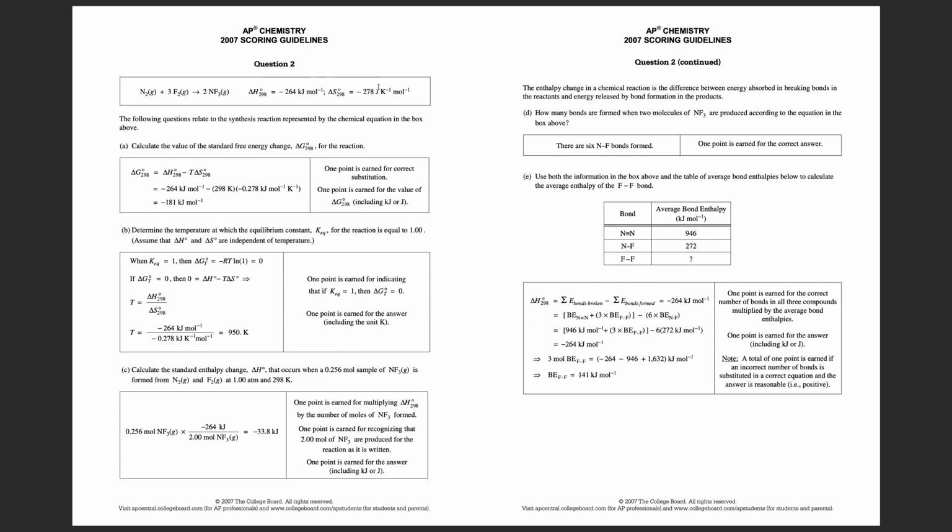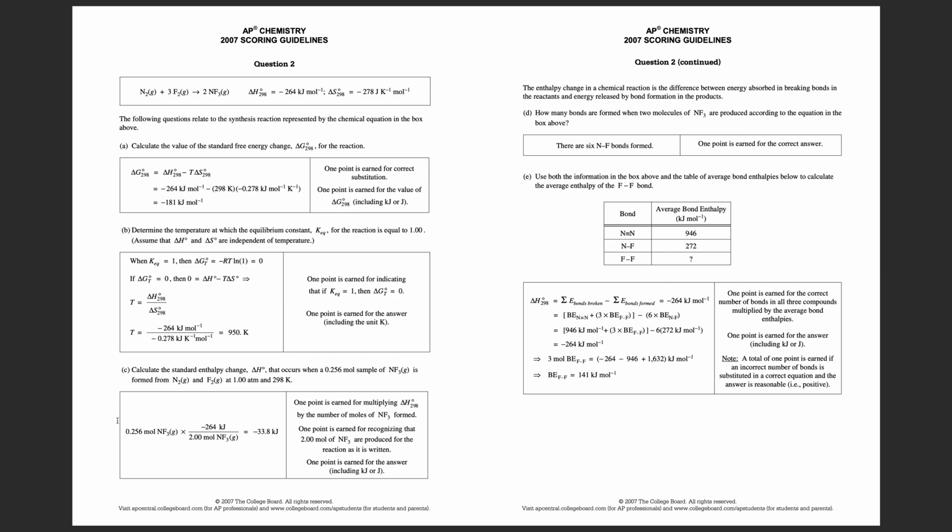Remember, these values over here are dependent on how much is involved in your reaction. So this is per mole of reaction as written. So 0.256 moles of NF3 is nearly a tenth. I guess closer to an eighth of this quantity. So you're going to have about an eighth of this enthalpy.